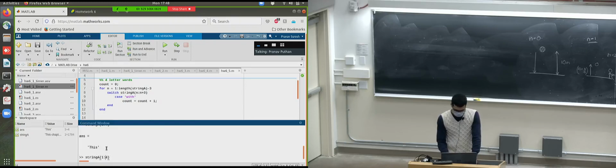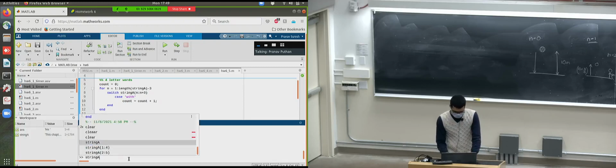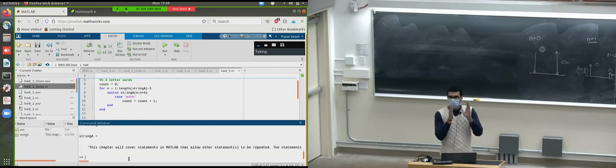And if you keep on moving, for example, n equals 2 to 5, there's a space here. So essentially what I'm trying to do is dissect the string A into a collection of 4 characters. And each time I do that, I'm trying to compare it with the word with.